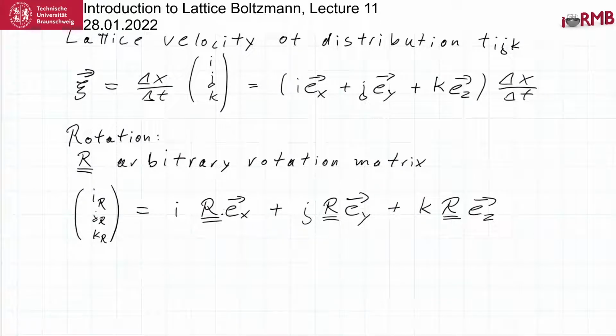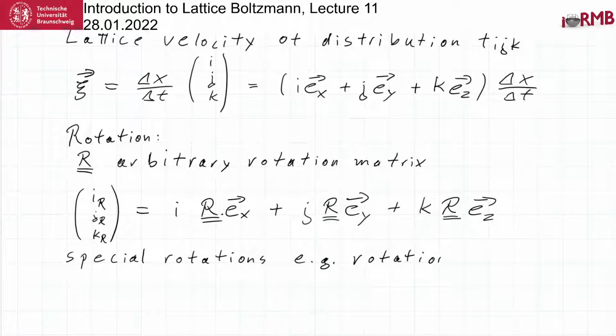Okay, so what does this rotation matrix look like? Because it's a rotation about an arbitrary angle and an arbitrary direction, it is something very general, but we can look at special rotation matrices, special rotations about some specific axis, namely the x-axis and the y-axis, just as an example.